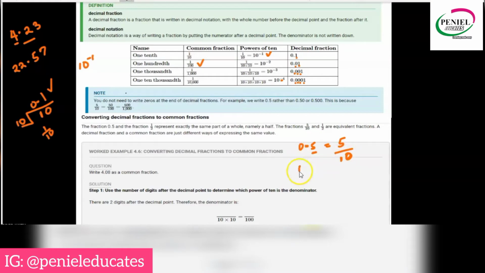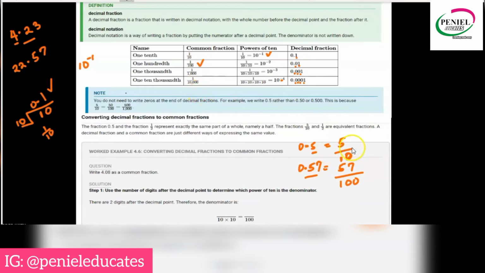If you have 0.57, you pick this 57 up here, then how many digits are after the decimal point? 1, 2, and that is 100. If you divide this 57 by 100, shifting the number of zeros, it gives you 0.57.